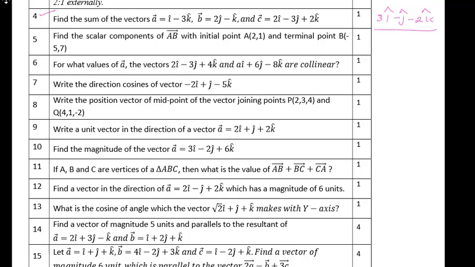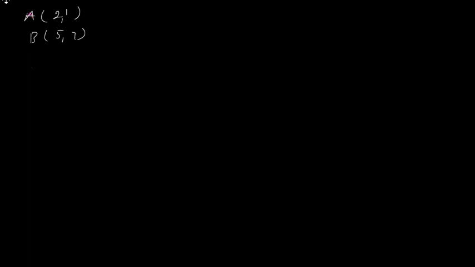I will say that we have to find the scalar components. So first write what is AB bar and then we can write the components. So here AB bar is equal to OB bar minus OA bar.